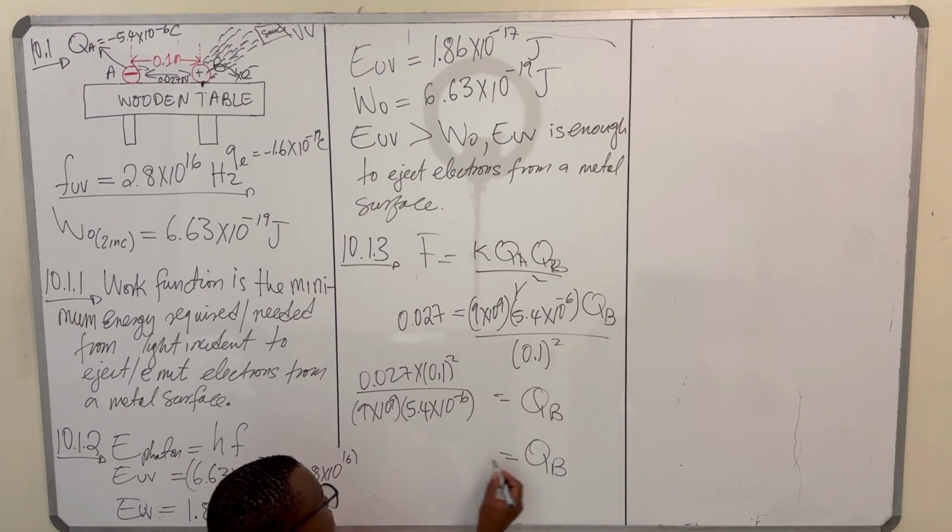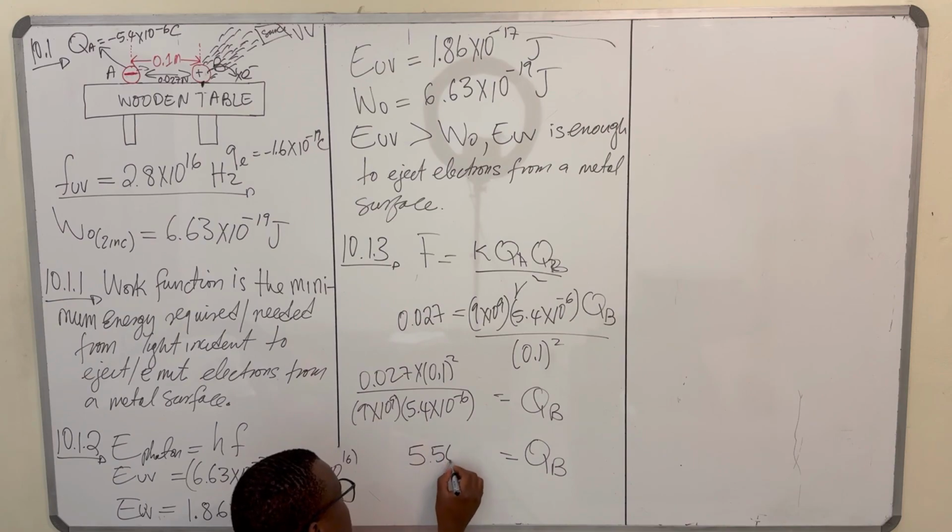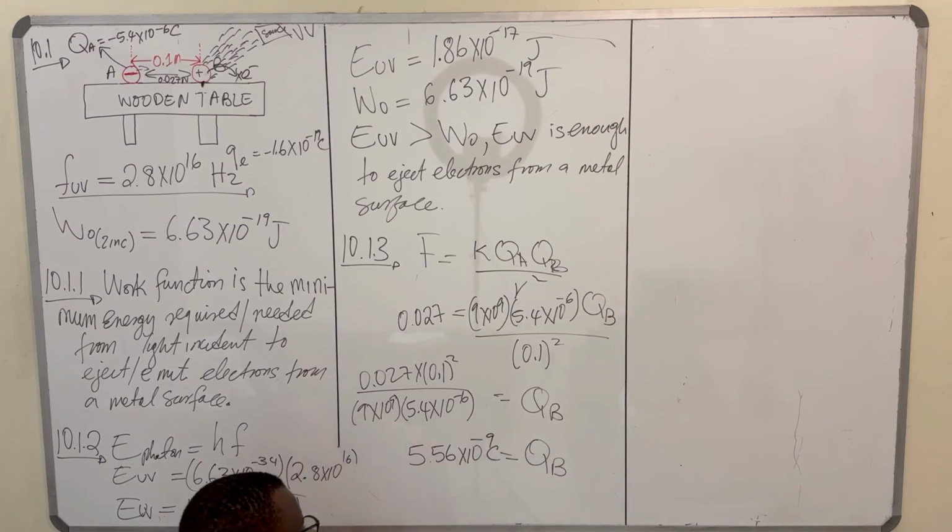So the charge of B is positive 5.56 times 10 to the -9 Coulomb.